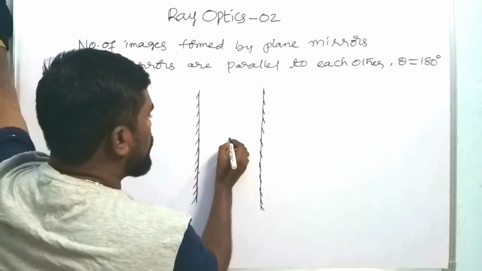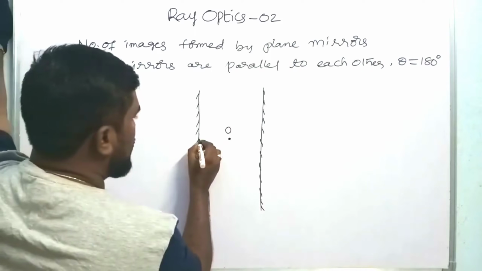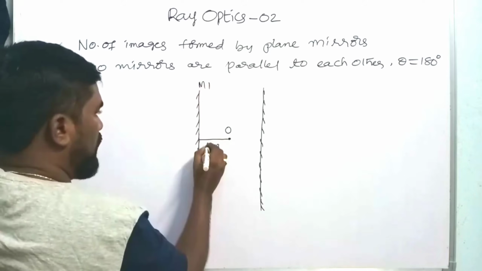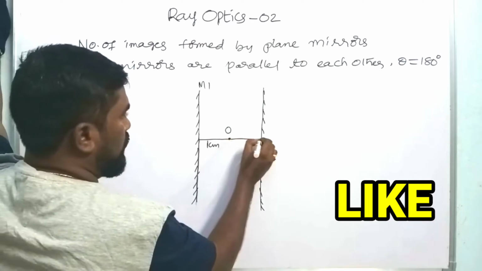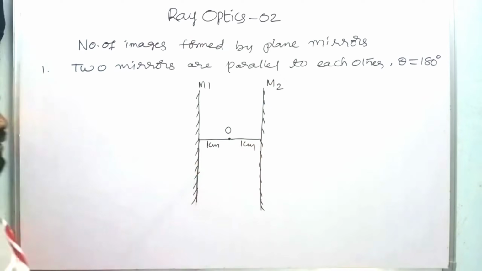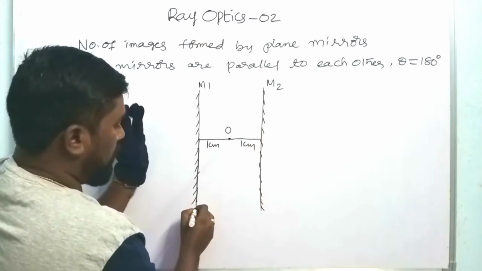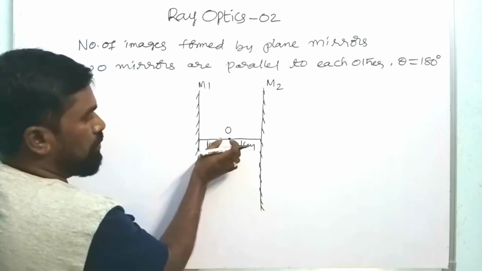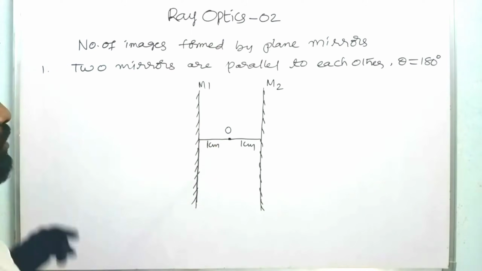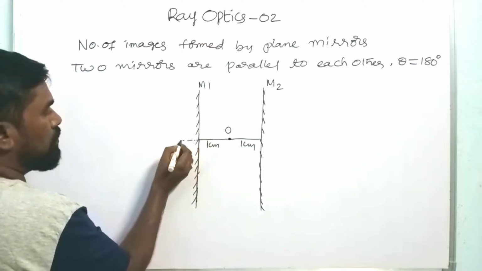So here there is an object O, which is at a distance of 1 centimeter from the mirror M1 and 1 centimeter from the mirror M2. The object is located at the midpoint of the two mirrors. So the image should be formed at the same distance at which the object was located.